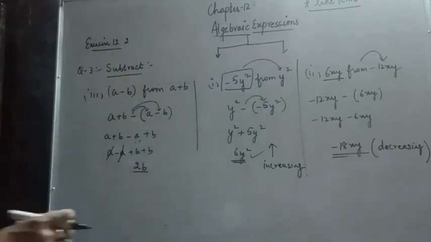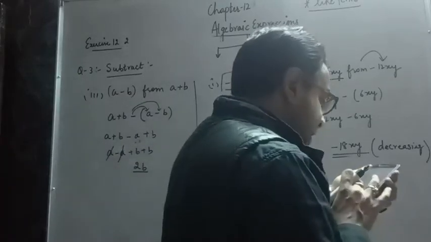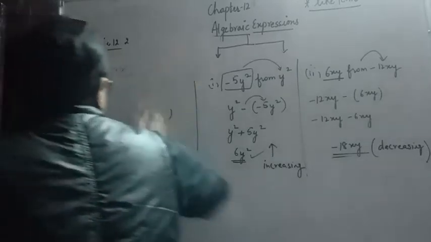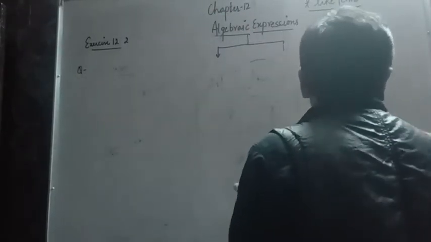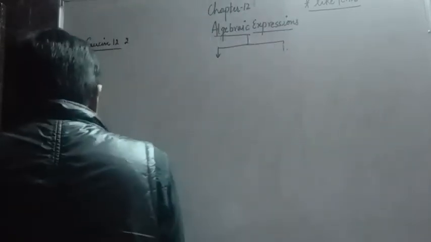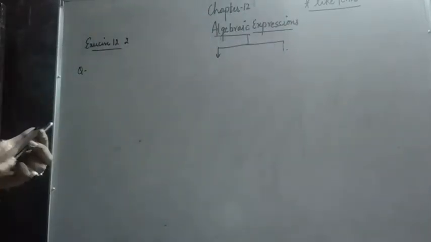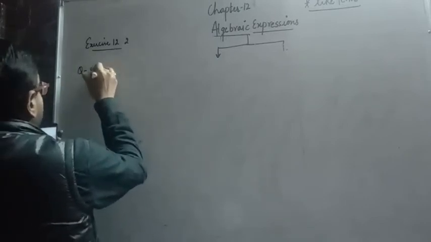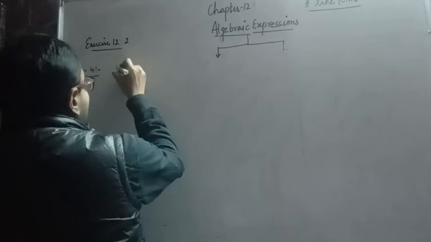Let's do question number 4. Very easy. What should be added to 3x square plus xy plus y square to obtain 2x square plus 3xy? Understand the question.